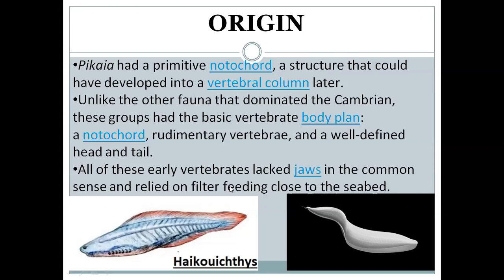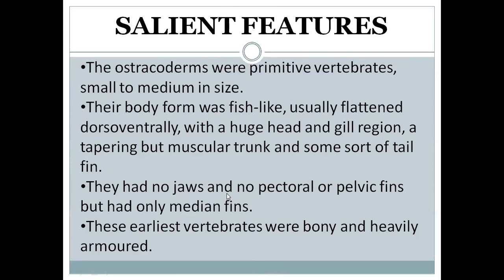They relied on filter feeding close to the seabed. As they do not have jaws, they cannot eat food in the usual way, so due to the absence of jaws, they adapted to a filter feeding type of nutrition. And coming to the salient features.